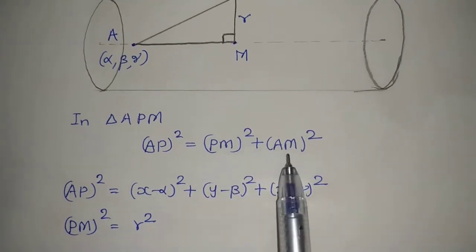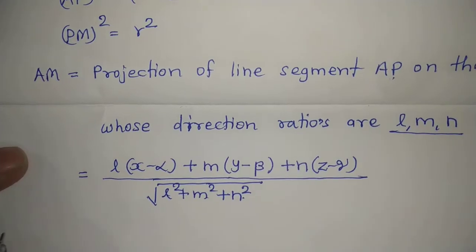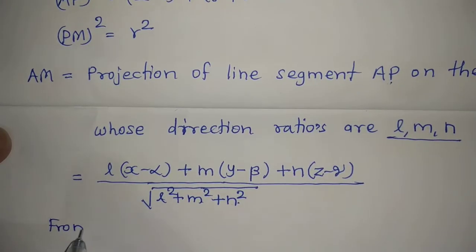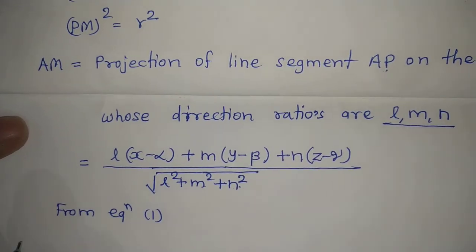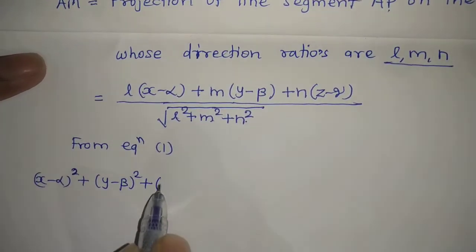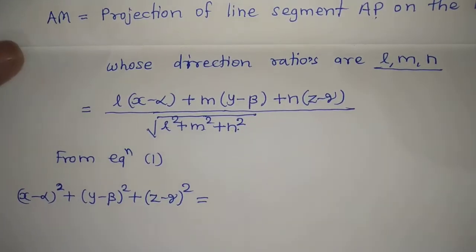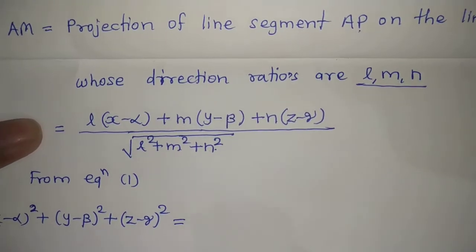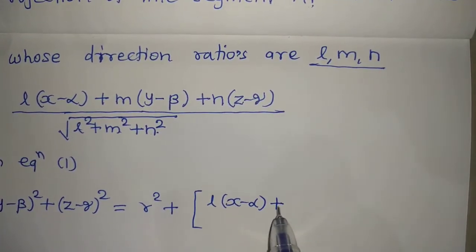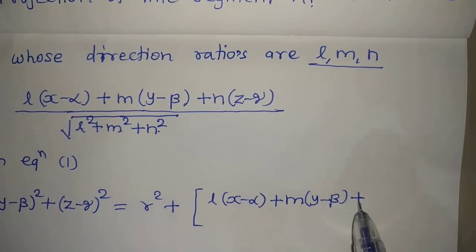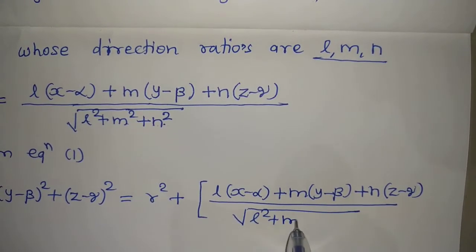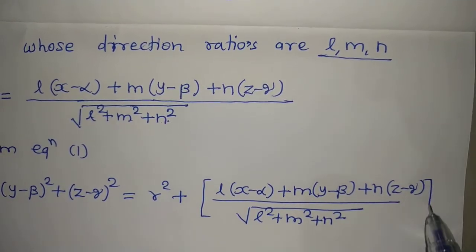Now let us use this equation: AP square is equal to PM square plus AM square. From equation 1, AP square, which is (x minus alpha) whole square plus (y minus beta) whole square plus (z minus gamma) whole square, is equal to PM square, that is r square, plus, in brackets, L into (x minus alpha) plus M into (y minus beta) plus N into (z minus gamma), divided by root of L square plus M square plus N square, whole square.